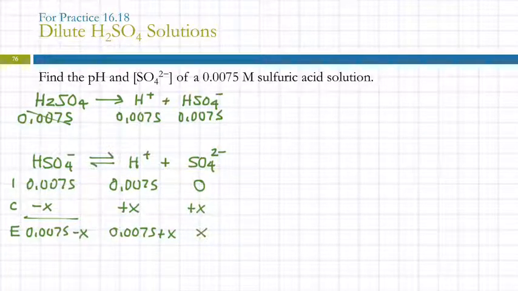How do you know that the hydrogen concentration in the first step was 0.0075? Because when this ionizes completely, I get one hydrogen ion for every one hydrogen sulfate ion that's formed. And so their concentrations have to be equal. Because it's like shoes. There's a left shoe and a right shoe. Well, it's because our sulfuric acid is a strong acid.